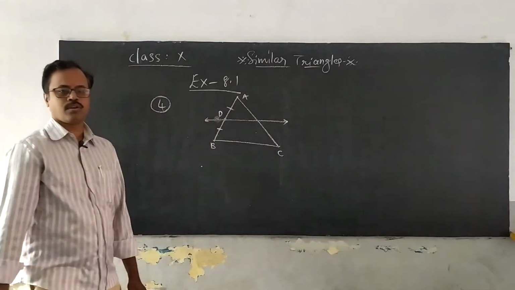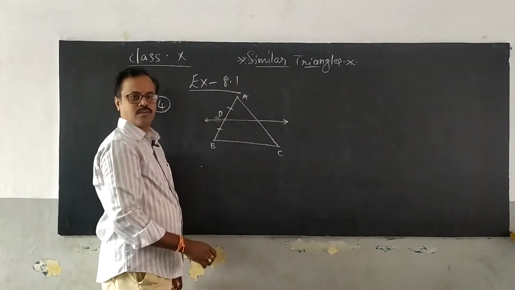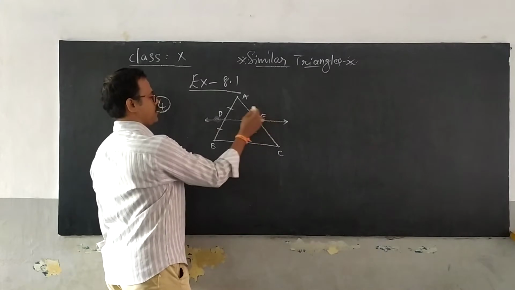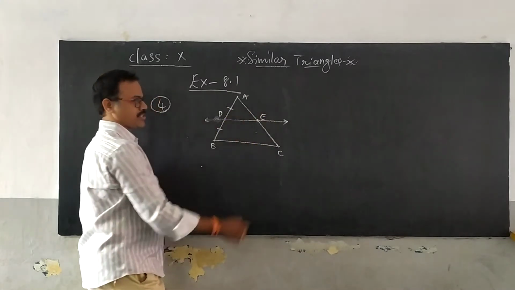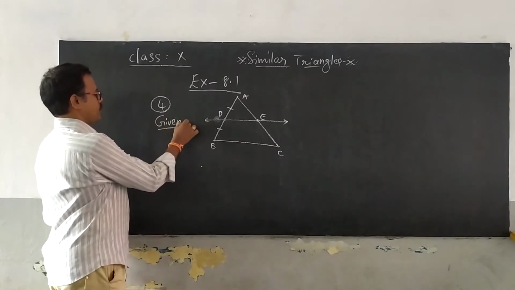A line drawn through the midpoint of one side of a triangle will bisect the third side. So you have to show that DE bisects AC. Here, what is given to us?